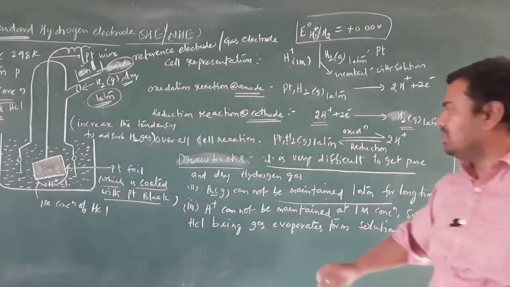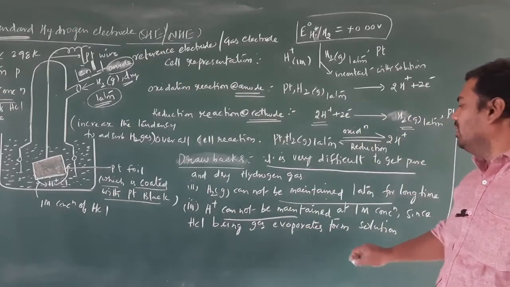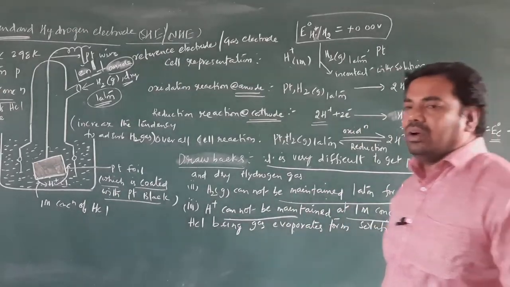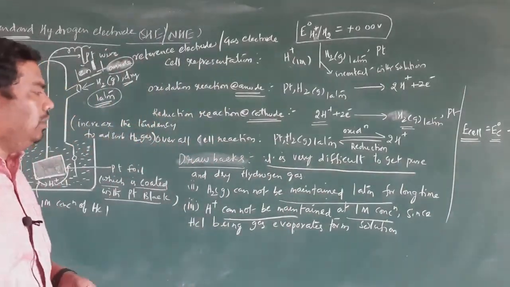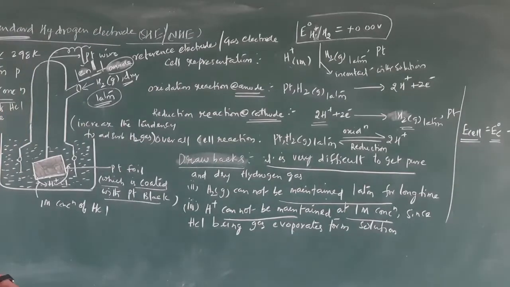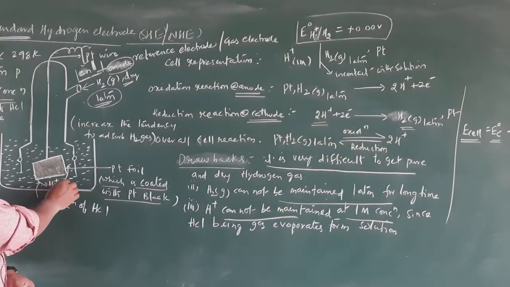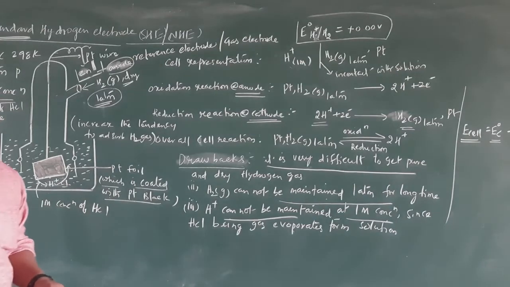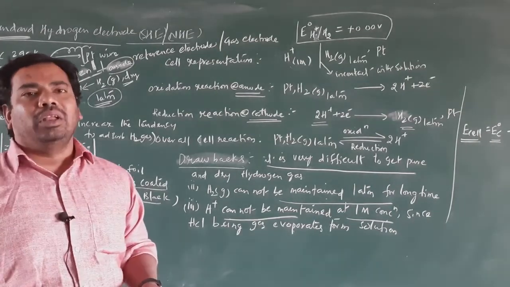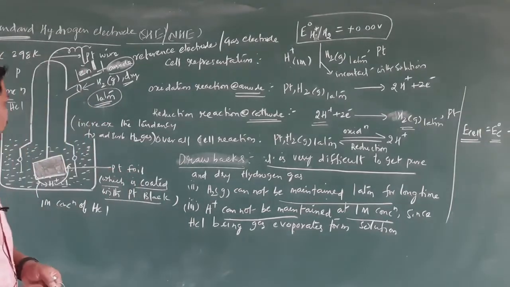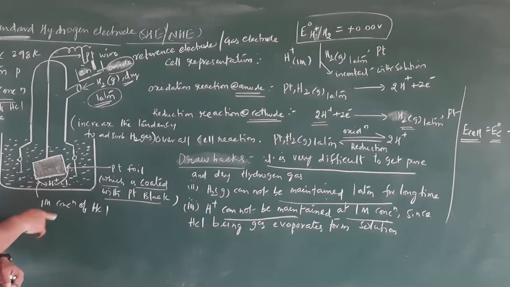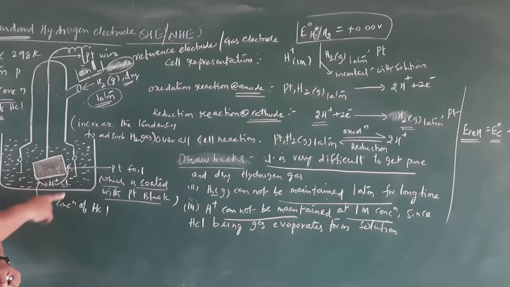The third drawback is that H plus cannot be maintained at 1 molar concentration. Hydrogen chloride is generally a gas, but it is soluble in water, so it looks like a liquid. In an open vessel, during the oxidation and reduction process, the HCl is slowly evaporating.